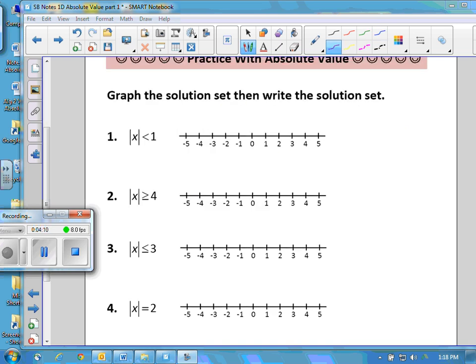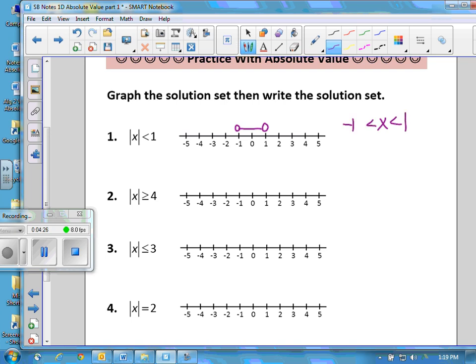Okay, let's check your answers. The first one says that the distance from 0 has to be strictly less than 1 unit. Here's where I'm finding 1 unit. My distance has to be less than that, so my graph should look like this. We can write our answer as a combined inequality with your x going from negative 1 to 1. The next one says that the distance has to be greater than or equal to 4 units.